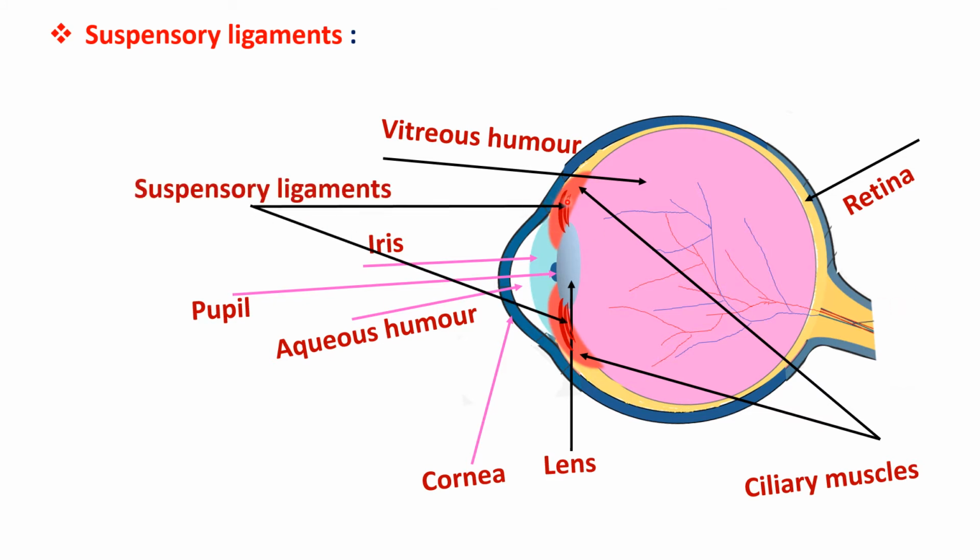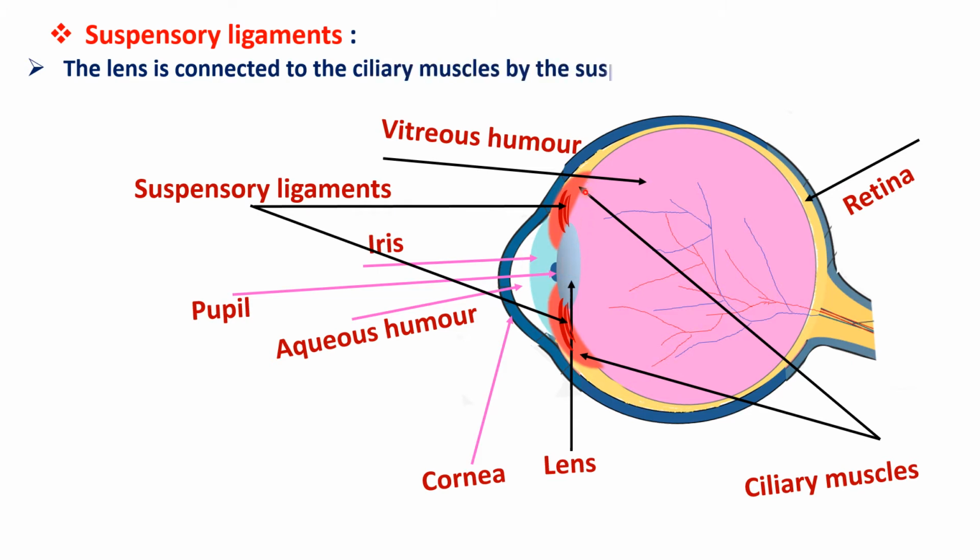Here, this lens is connected to the ciliary muscles here by the suspensory ligaments.